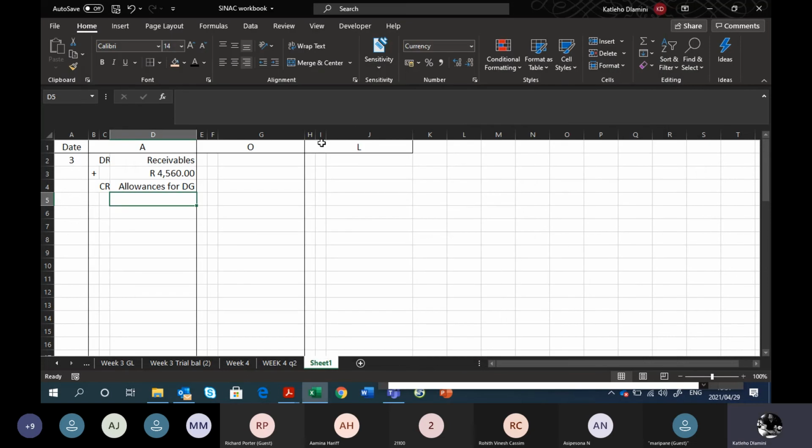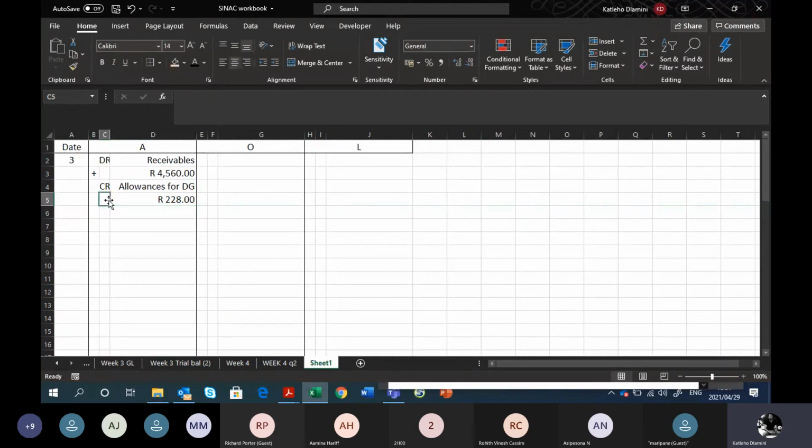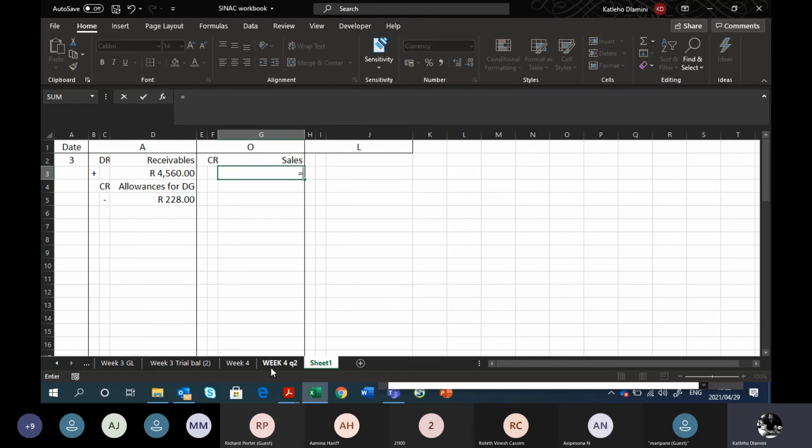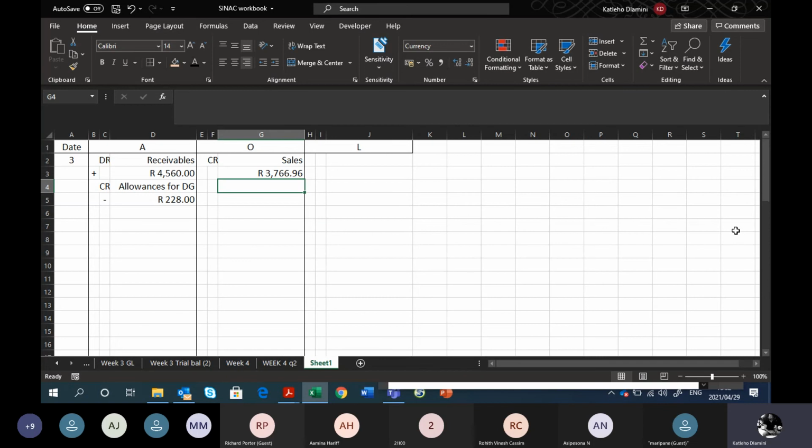Okay. So then our allowance for discount granted will then be credited with that negative amount there. Let's just fetch it. 228. That'll be a minus. Okay. Then the next thing was the sales, right? Sales will be credited at the amount of 3,767 Rand.